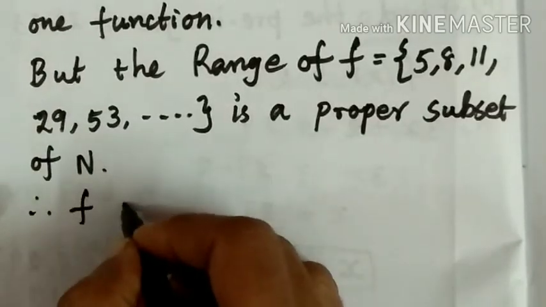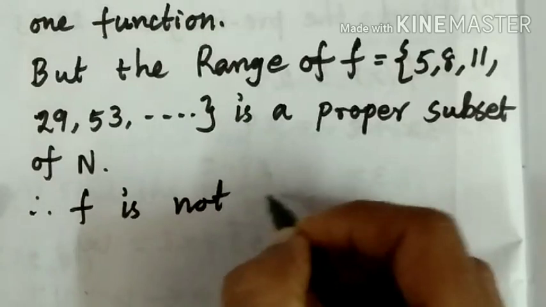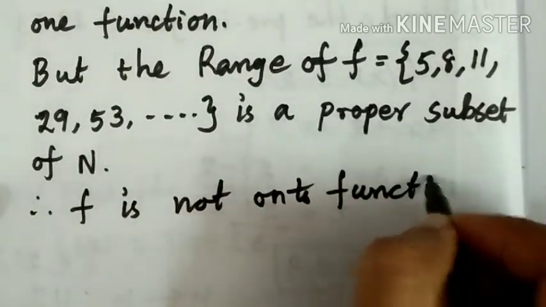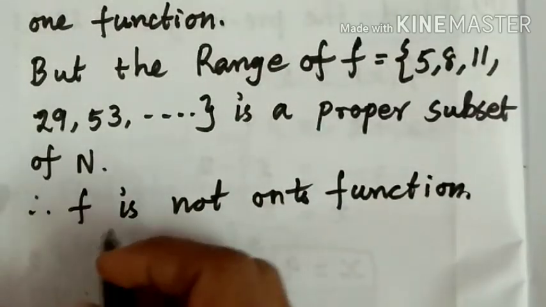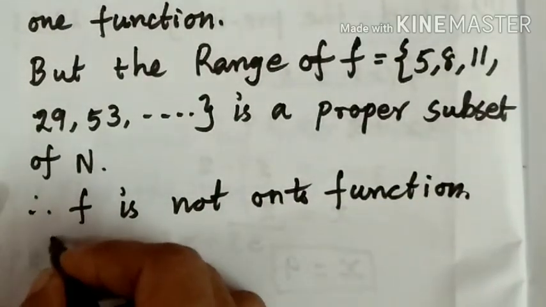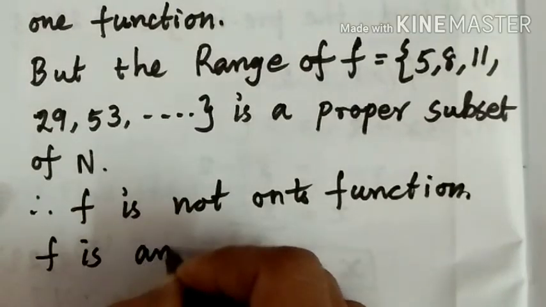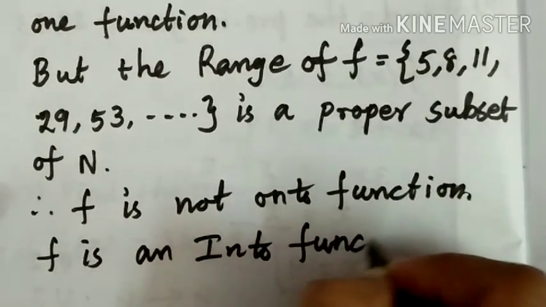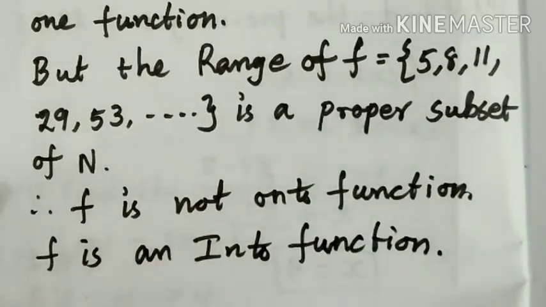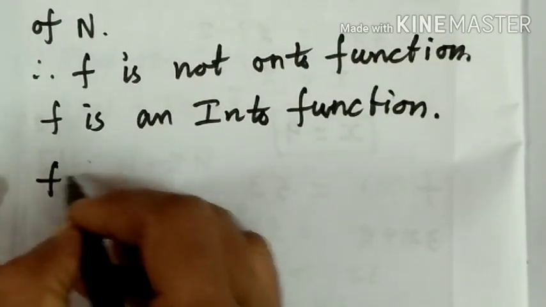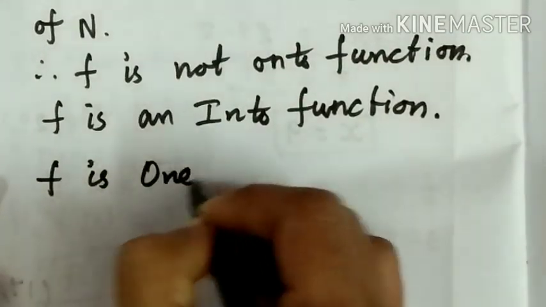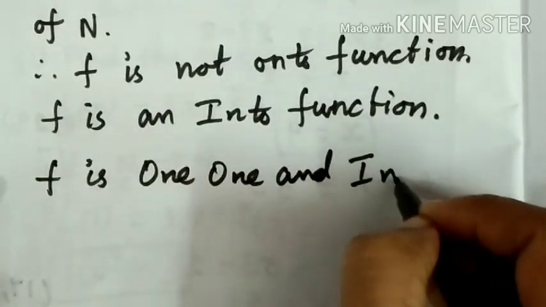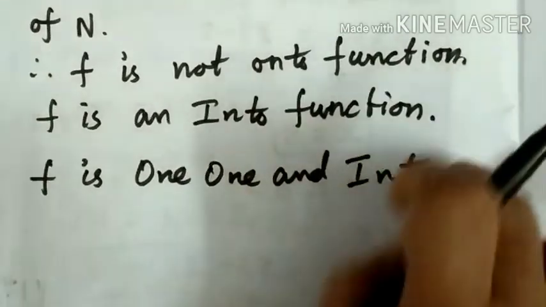Therefore, f is not onto function, f is an into function. The answer is f is 1-1 and into function.